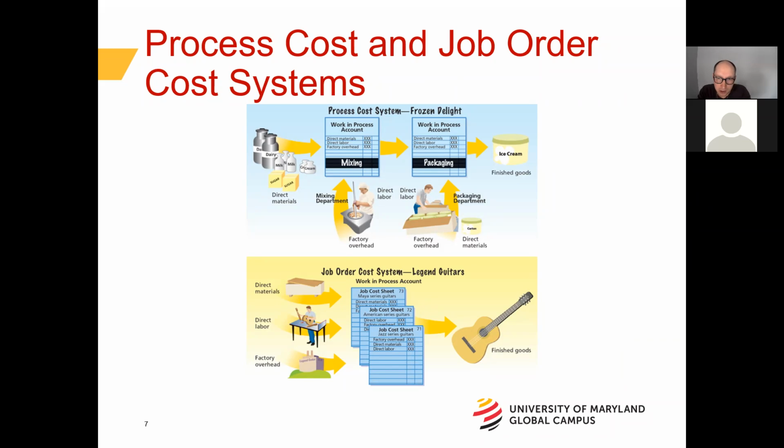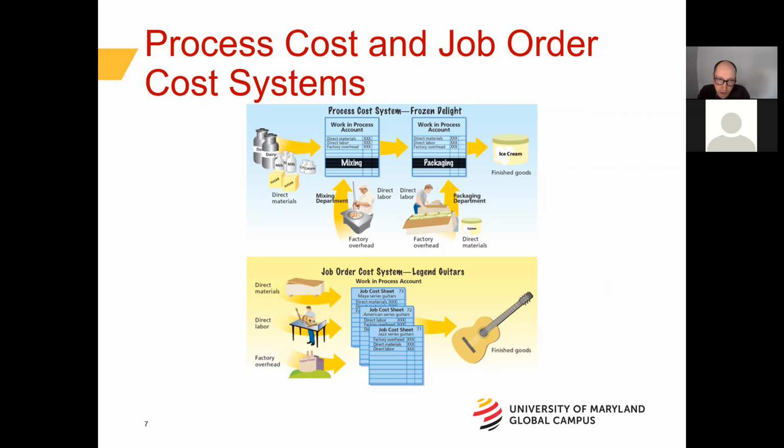So in the example here, we have an ice cream manufacturer, and again, you could use something like an oil company that drills oil from the ground, and then they refine it, and then they refine it again to create different products, and then they package it in a container and ship it off to the customer, right? That process is what makes them a process cost system type of company. It's continuous regardless of customer orders.